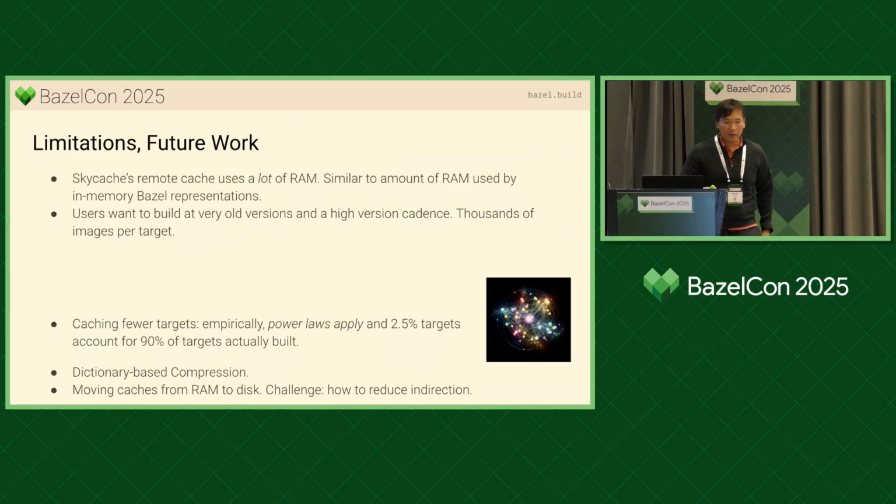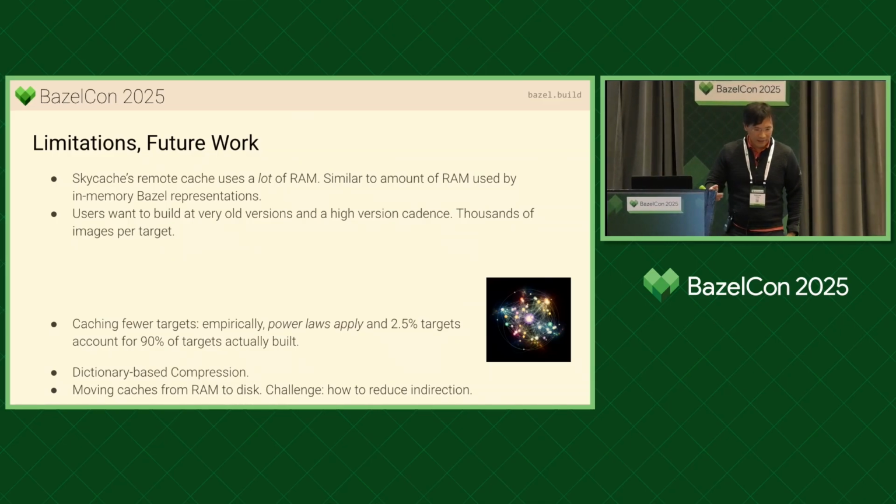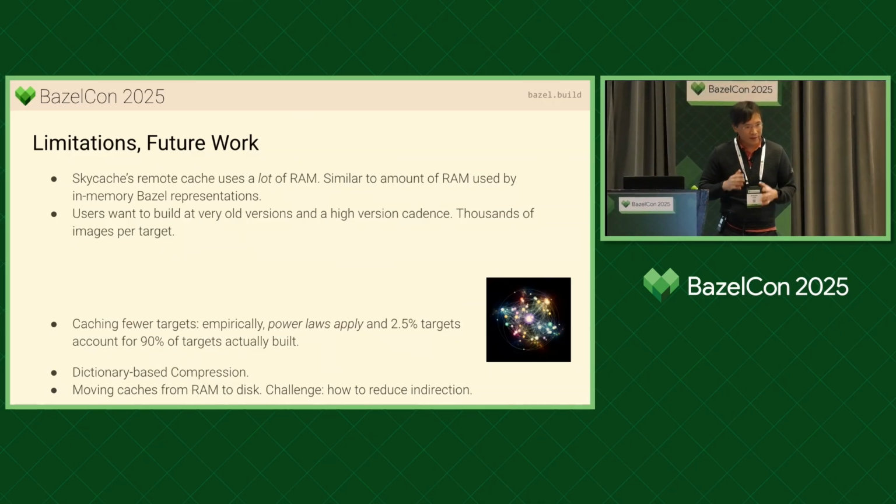All right, so the limitations and future work. In terms of the limitations, it uses considerable RAM. We're putting all this data in something like memcached, and because there's a lot of these indirections, these references, like you recall the nested structure of the file dependencies, there's a lot of references, so there's a lot of RPC hops.